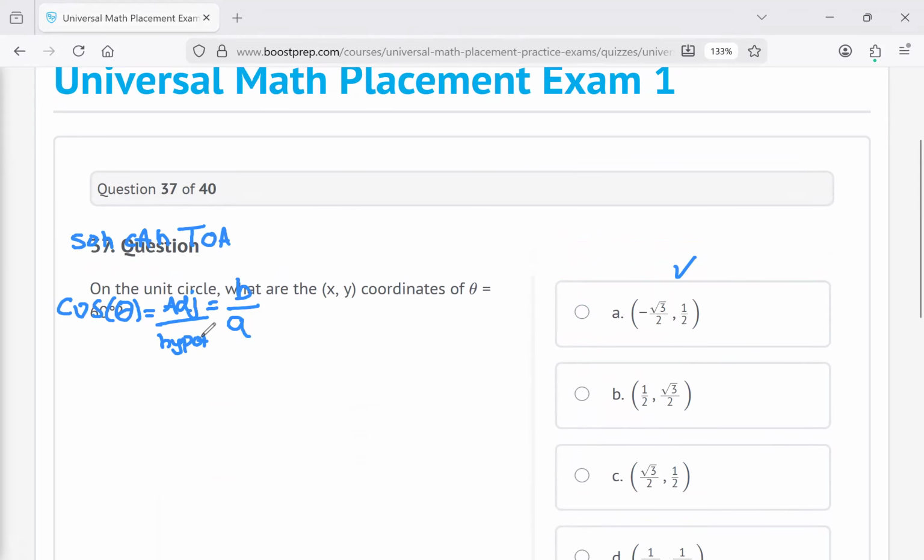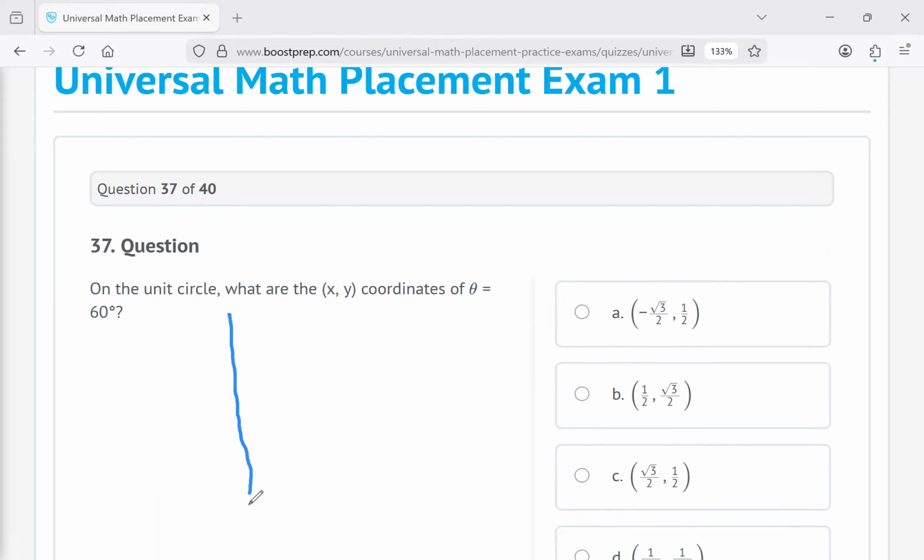Okay, so 37 on this unit circle. What are the x and y coordinates of the angle of 60? This is something you must know. Here's 60 in the unit circle.